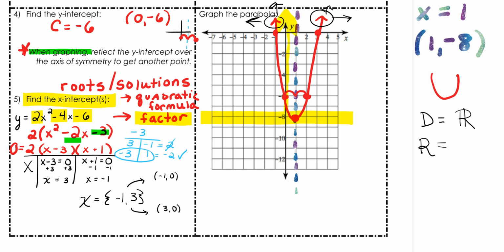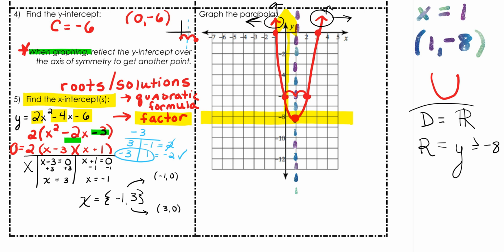So I just need to write some type of inequality that says the lowest that my y value is going to be is negative 8, but I can have anything that goes above negative 8. And the way that we're going to write that is we're going to write y is greater than or equal to negative 8. And that's our domain and our range.